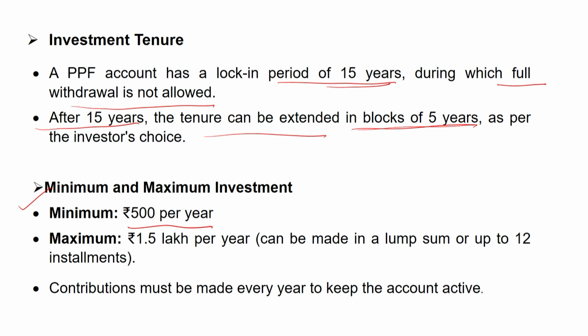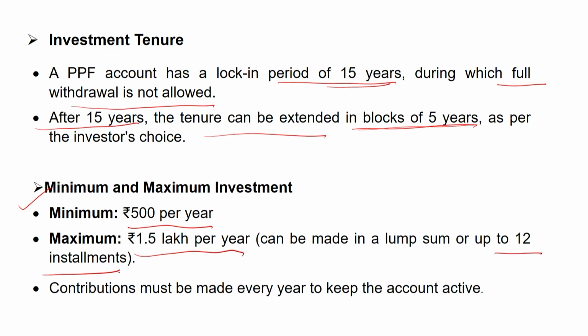That means you can invest 500 rupees in a year into the PPF account for the purpose of saving your small earnings, whereas at a maximum you can invest 1.5 lakh rupees per annum. It can be made as a lump sum deposit into your PPF account, or you can also make 12 equal payments to the PPF account from your bank account.